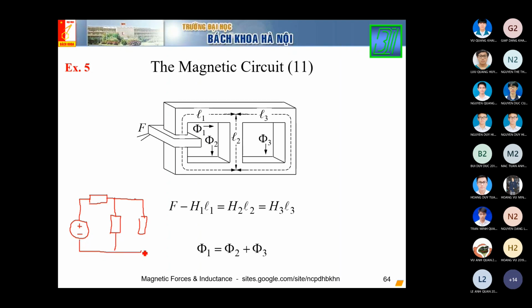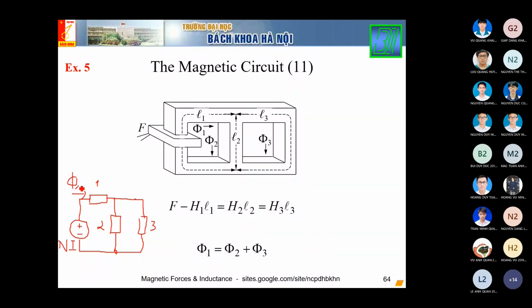Let's say this one is the corresponding circuit. The voltage source here is Ni. This is the resistor number 1, number 2, and number 3. Number 2 and number 3 are in parallel.